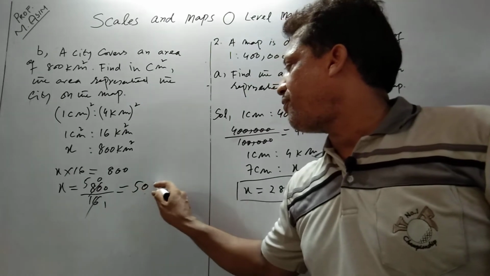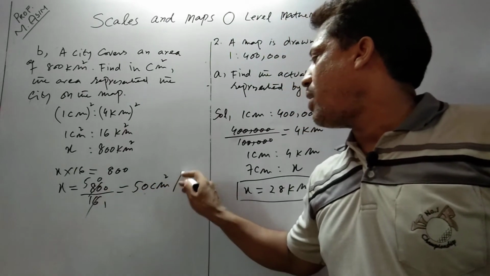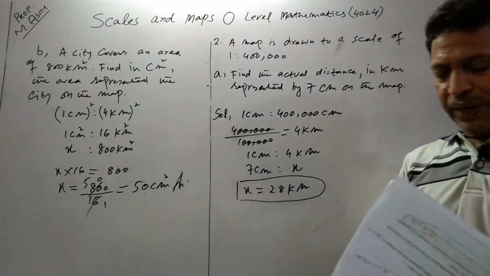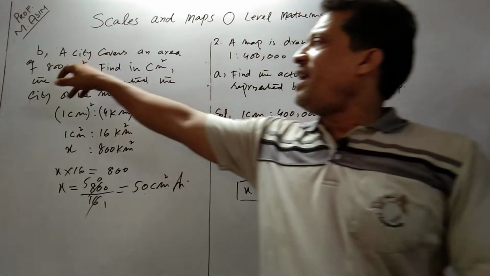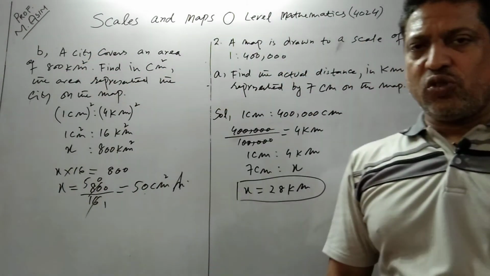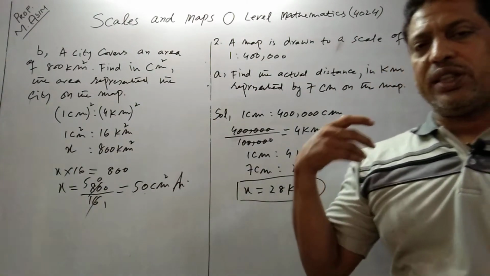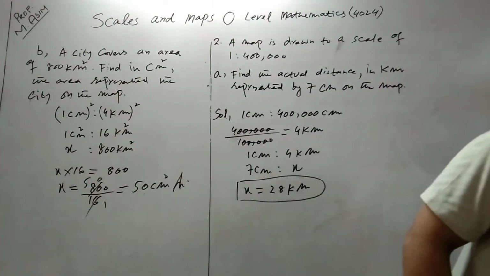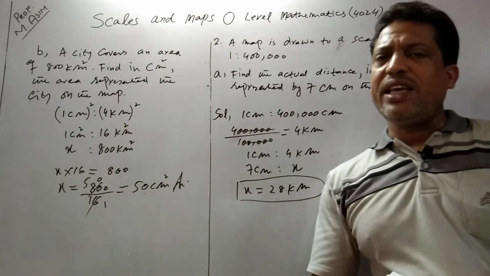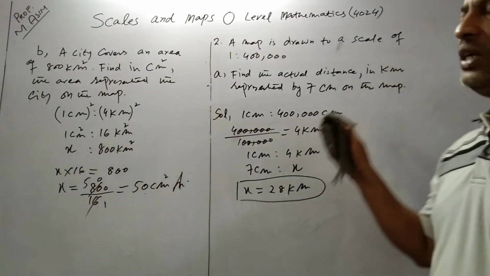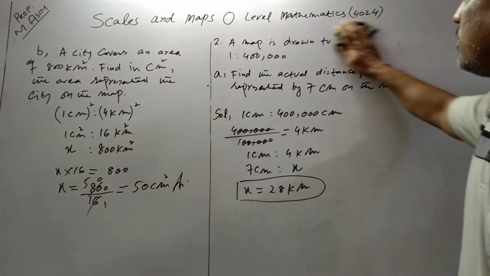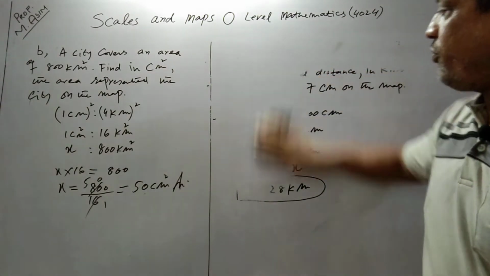The answer is 50 square centimeter. It means 800 kilometer squared is the actual area and 50 centimeter squared is represented on the map. I hope you understand. You can see, very easy questions if you know the basic concept. See question number 3.